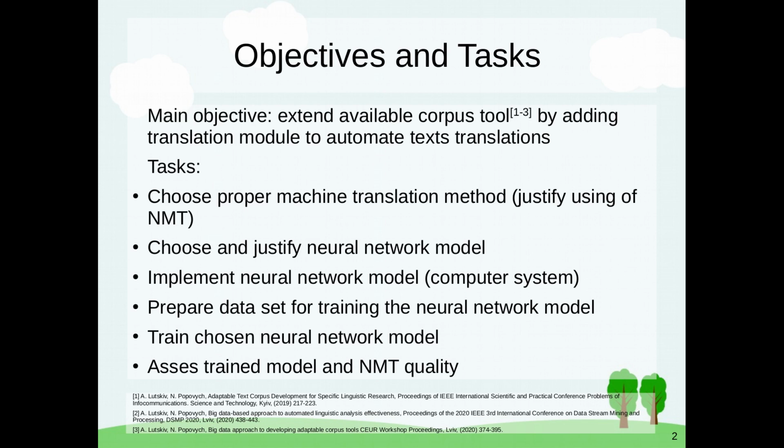Based on the justified architecture, the neural network model should be implemented as a computer system which comprises software and hardware parts. To train the developed neural network model, a training data set should be prepared.